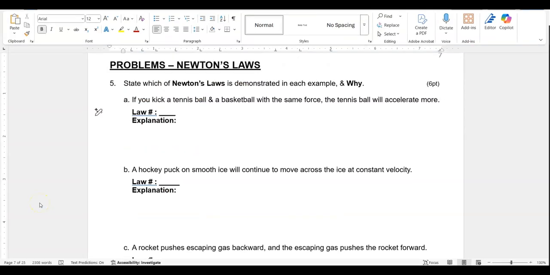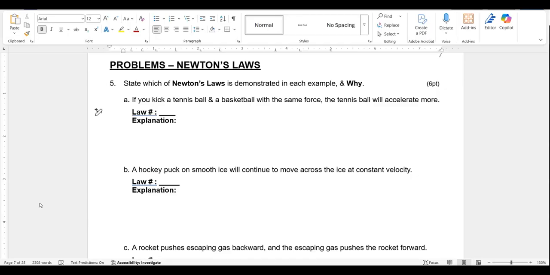Okay, so now let's use our knowledge of Newton's three laws of motion, look at a few examples, and determine which law explains this statement and why. So the first statement is, if you kick a tennis ball and a basketball with the same force, the tennis ball will accelerate more. Well, this sounds just like the example I gave you with the bowling ball and the ping pong ball.